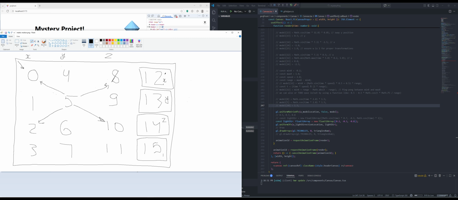So it's a cross here. So it's model 0, model 2, model 8, and model 10. That's a visual representation for you of which cells of the matrix we will use for rotation.